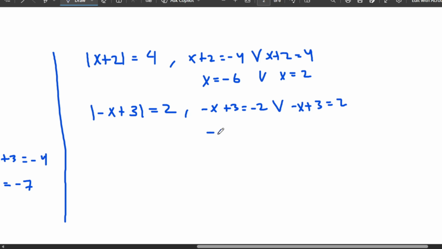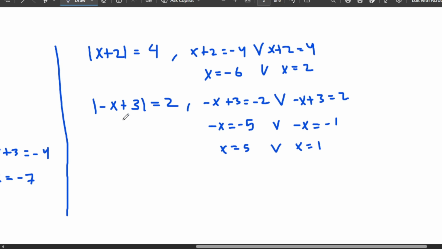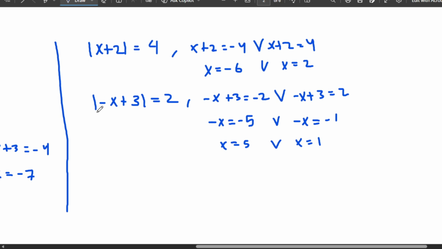So negative x equals negative 5, right? Or negative x equals negative 1. x equals 5, or x equals 1. So when x equals 5, negative 5 plus 3 is negative 2, which gives 2. When x equals 1, negative 1 plus 3 is positive 2. The absolute value of positive 2 is 2.